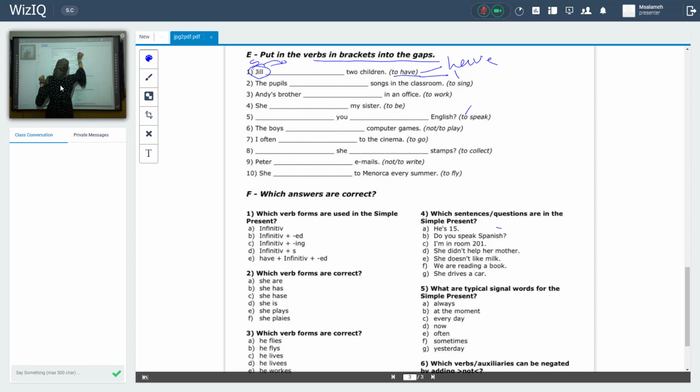Have or has. If the subject is singular, has. If the subject is plural, we will put what? Have. The subject here is singular, so I will choose has.